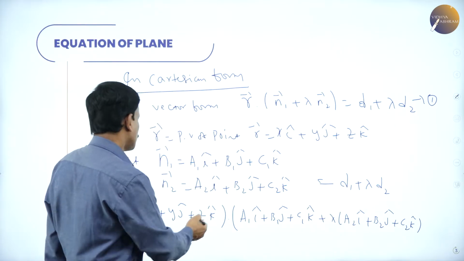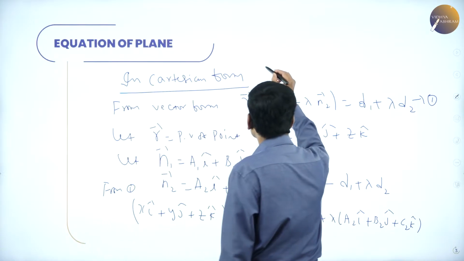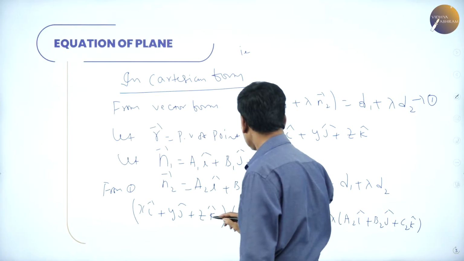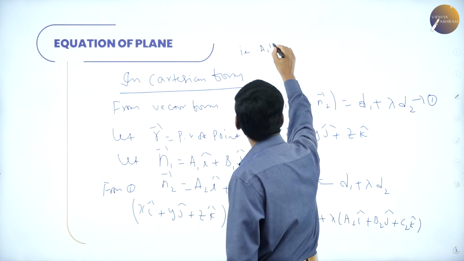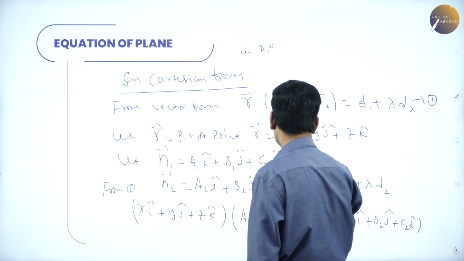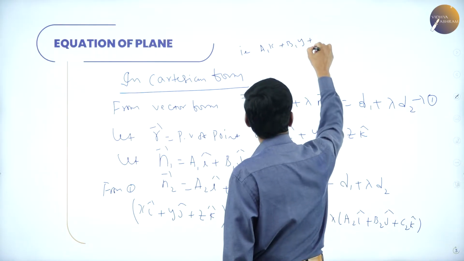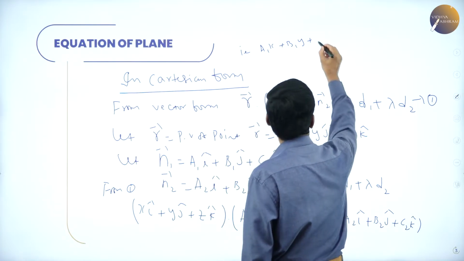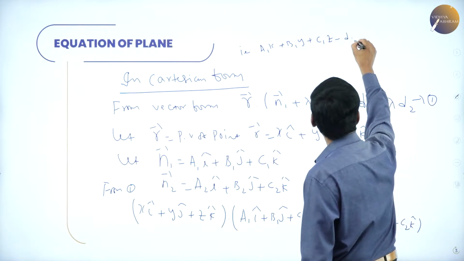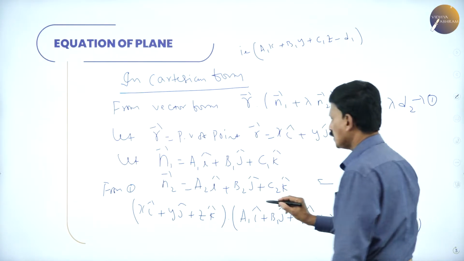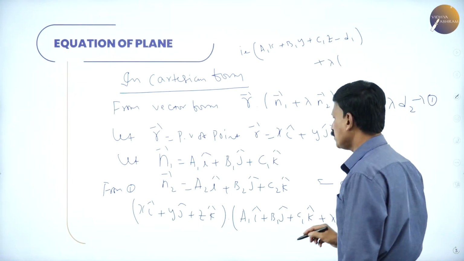Now I can take the dot product straight away. So that is a1 into x plus b1 into y plus c1 into z, transfer this, minus d1, again plus lambda into the lambda terms.